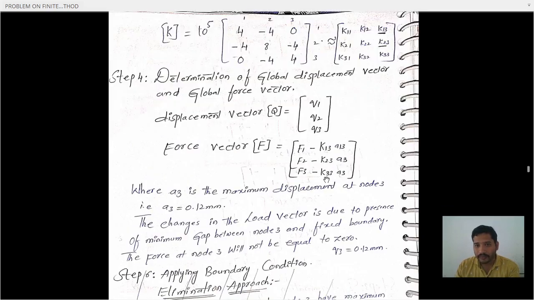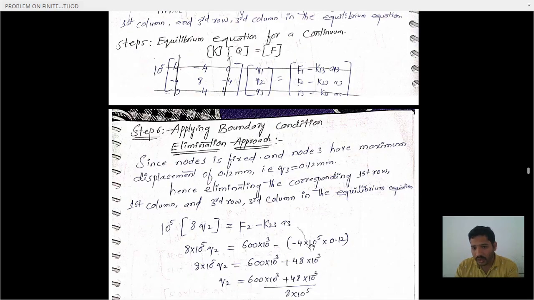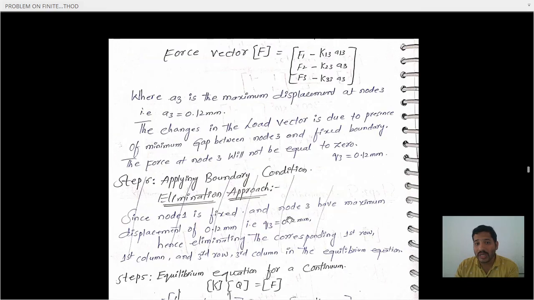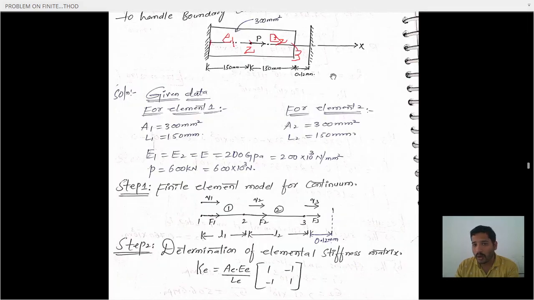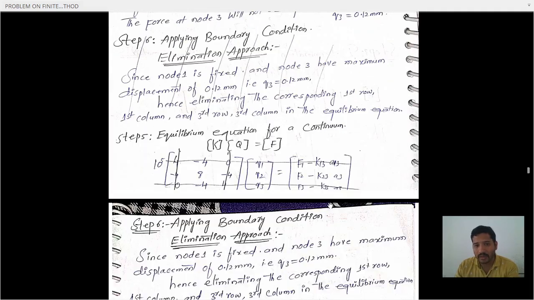Just now I told you K23 is minus 4 into 10 power of 5. We can represent it here as minus 4 into 10 power of 5. This A3 is nothing but the gap. How much gap will be there in the component? We know very well, 0.12 mm. The same thing I am representing here, 0.12.